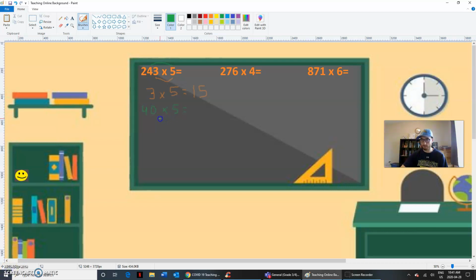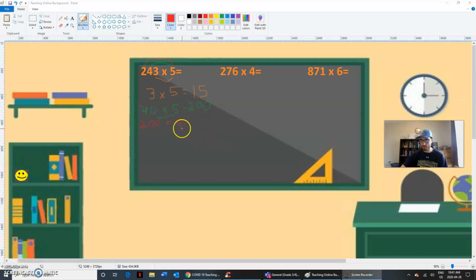So first we're going to go 5 times 0, and that's 0 every time in our ones place value. Then we're going to do 5 times 4, and that's 20, or 5 times 4 tens is 200. All right. Next, we're going to go to our hundreds place value, so 5 times 200.